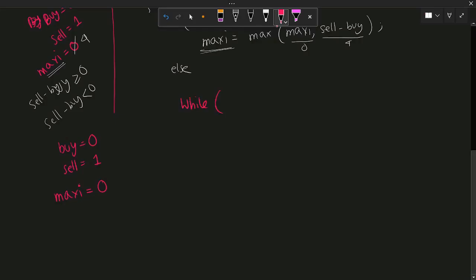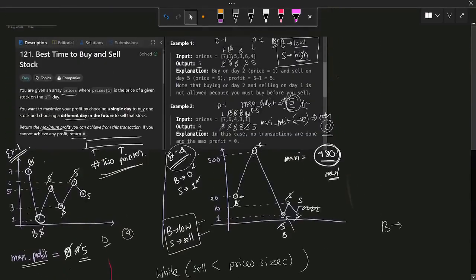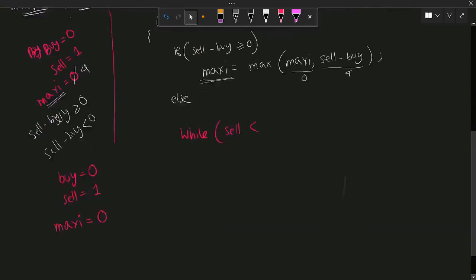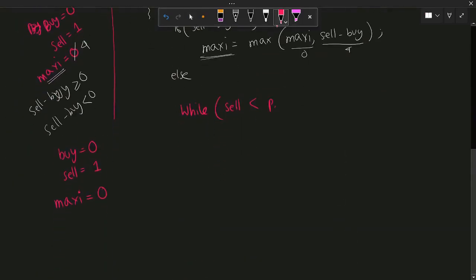While sell is less than, the array name was prices, right? So while sell is less than prices dot size, we will increment the sell pointer every single time till it exceeds the size of the array, right?